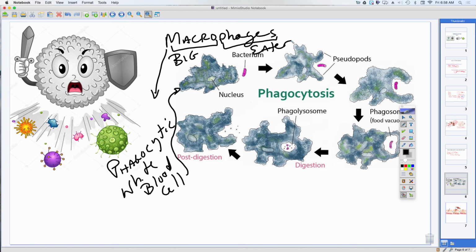And they are big cells that like to eat stuff, and what they do is they swim around in your bloodstream.